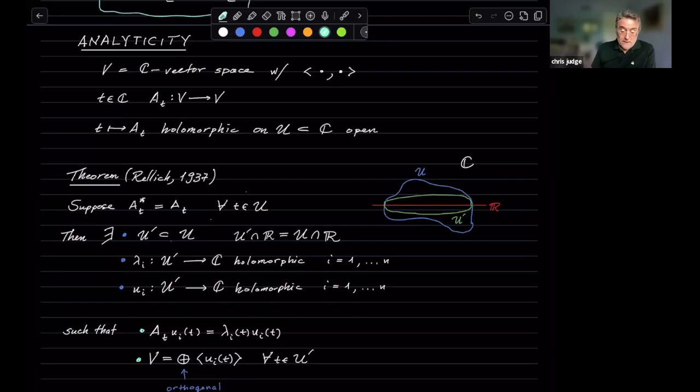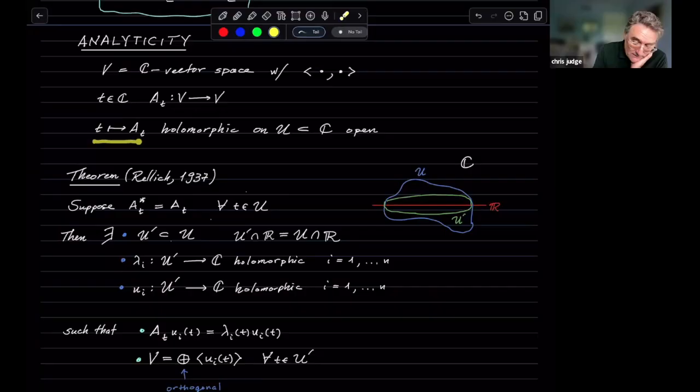And I'm going to look at a family of operators, or matrices if you like, from my finite dimensional vector space V to V. And here t is going to be a complex number. Sometimes I want to restrict t to a real number because of applications, but for the proofs, we're talking about t in C.